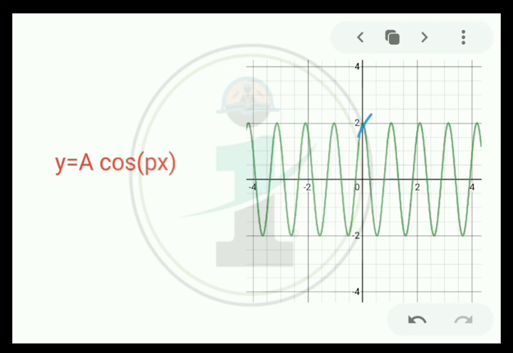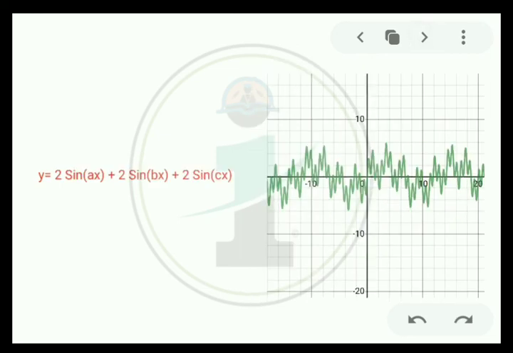Now if I take collectively some more sine curves or more cos curves, or a mixture of sine and cos, I will obtain a diagram like this. Here I have taken only 3 curves. The first one is this, second one is this, third one is this.